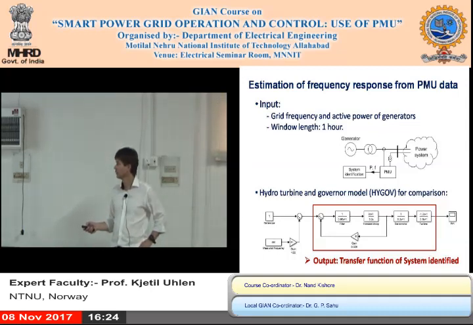This is based on the fact that you measure current and voltage at the point of connection of the generator, and then you compute electrical power and the frequency and put that into a system identification algorithm, and the output is then what we hope corresponds to the transfer function of the actual governor and turbine.